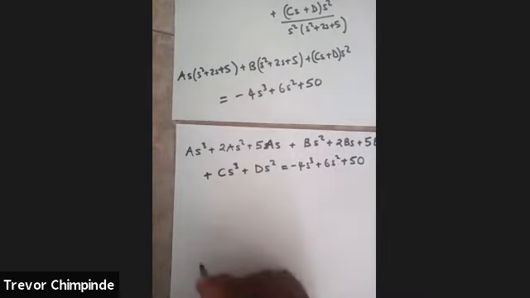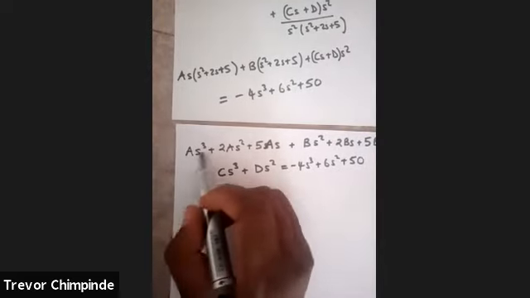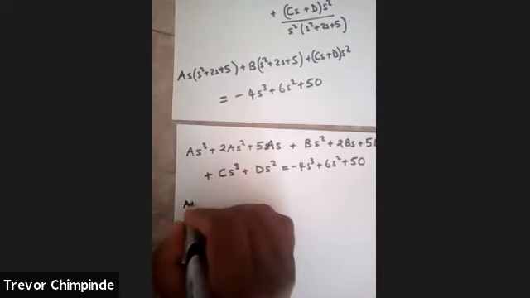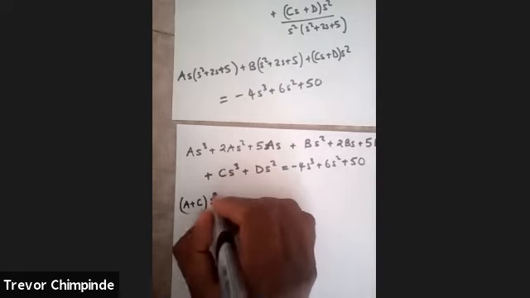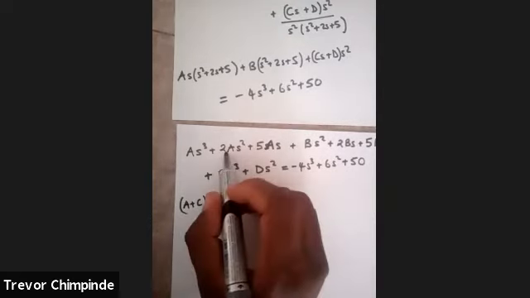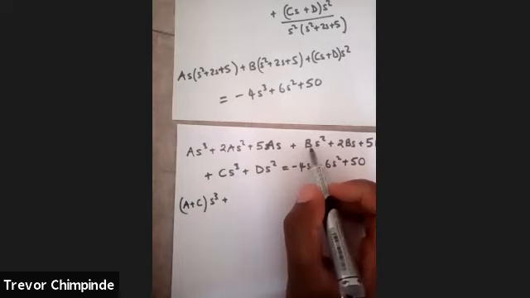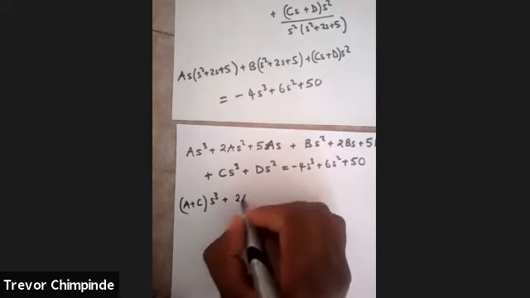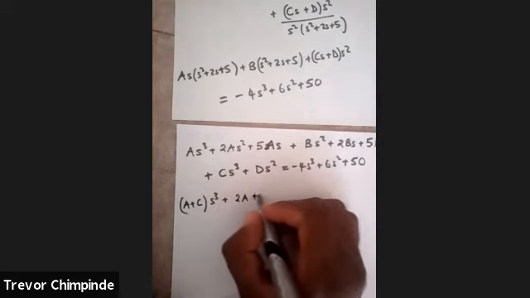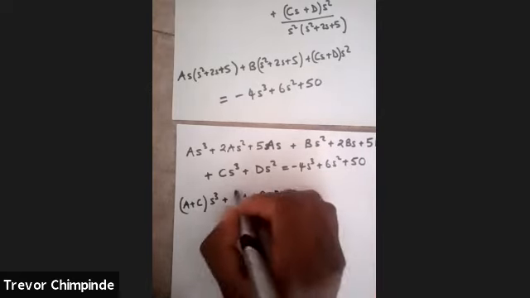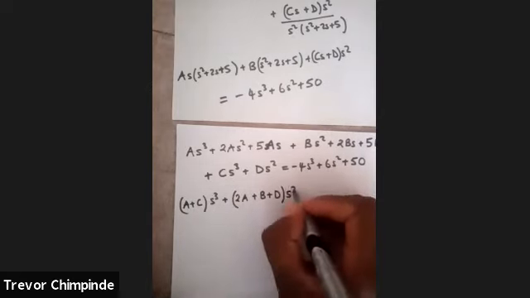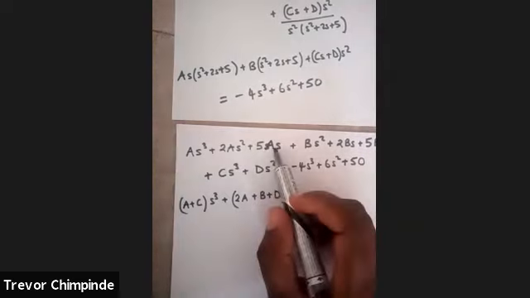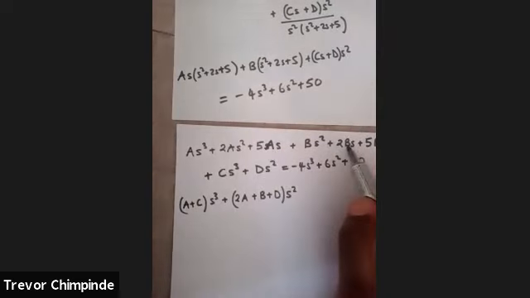On the left hand side, we collect the like terms. So we have A s cubed and C s cubed. So we have A plus C times s cubed. For s squared, we have 2A, we have B and D. So we have 2A plus B plus D, that is s squared. For s, we have this one and this one.